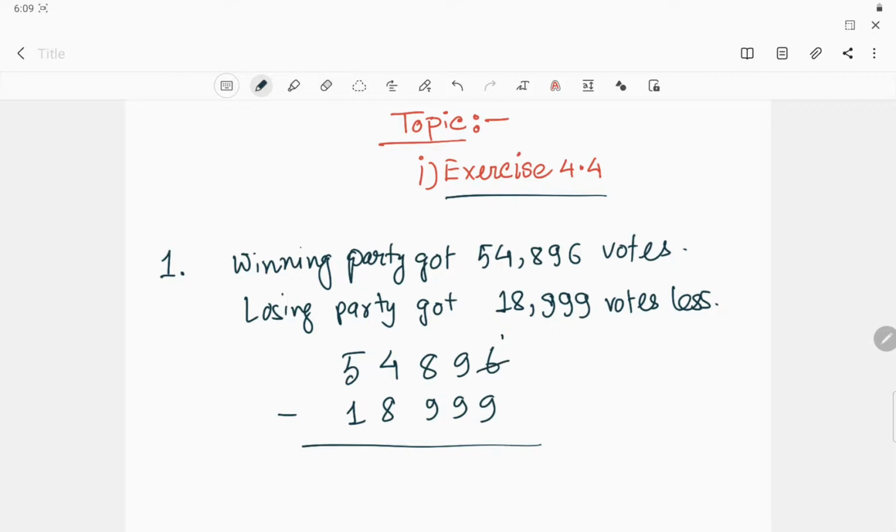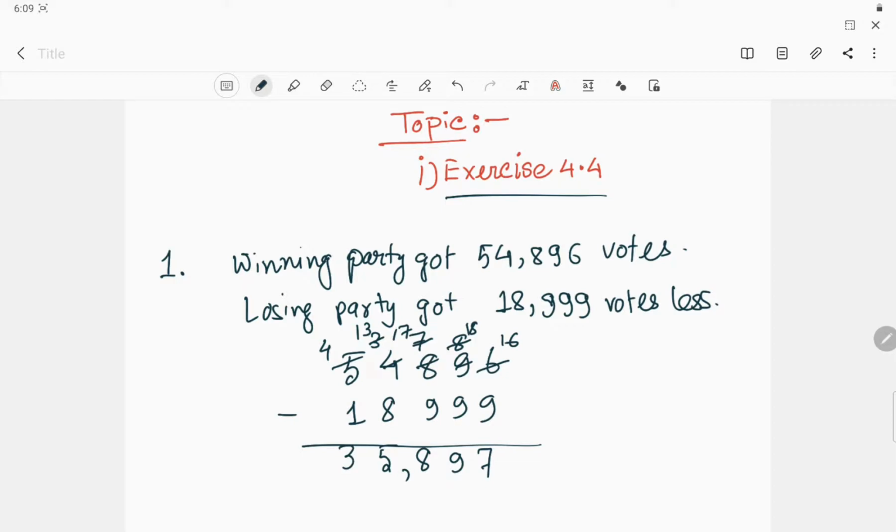6 is less than 9, so it will be 16. 16 minus 9 is 7. 8 is less than 9, so it will be 18 and it will be 7. 18 minus 9 is 9. 7 is also less than 9, so it will be 17 and it will be 3. 17 minus 9 is 8, and 3 is less than 8, so it will be 13 and it will be 4. 13 minus 8 is 5 and 4 minus 1 is 3.